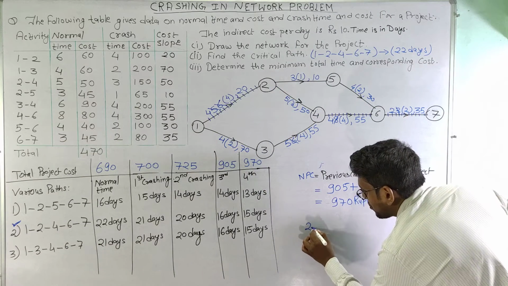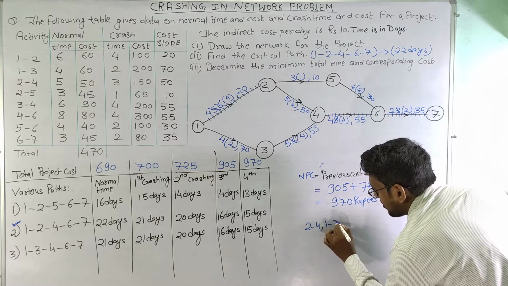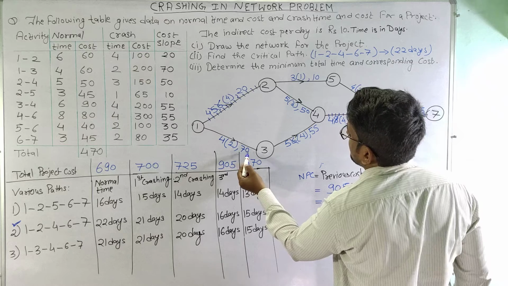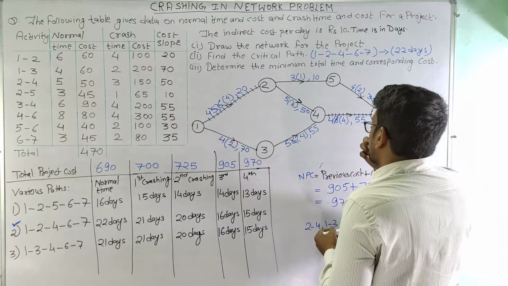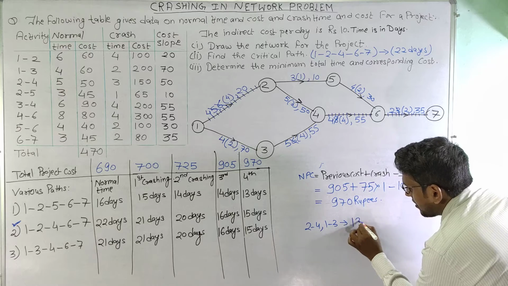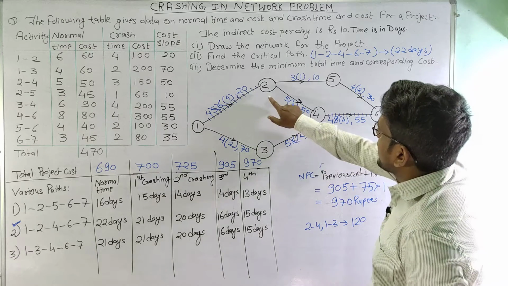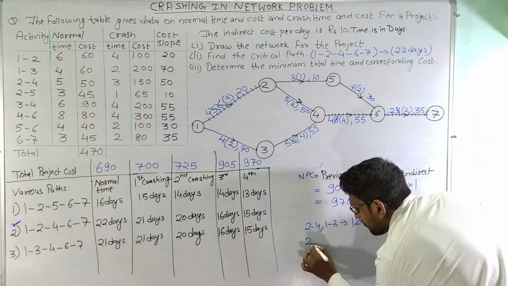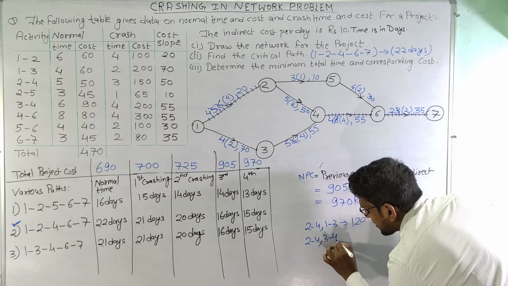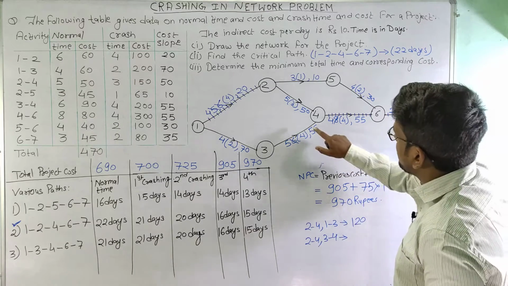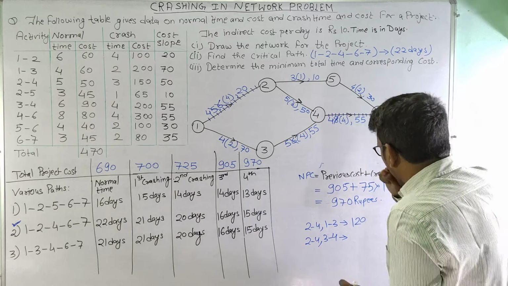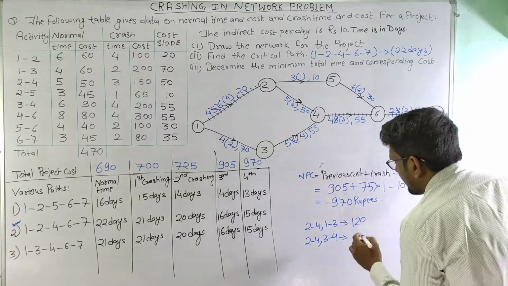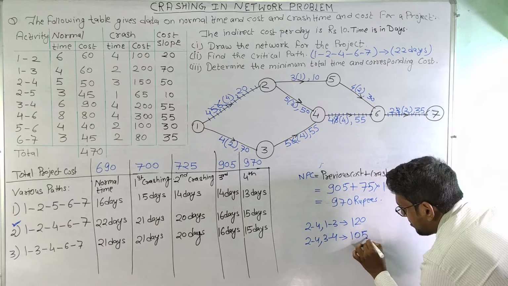So the crash cost will be 50 plus 70, which is 120, and we can crash activity 2 4 with activity 3 4, and the total crash cost will be 50 plus 55, so this will be 105.